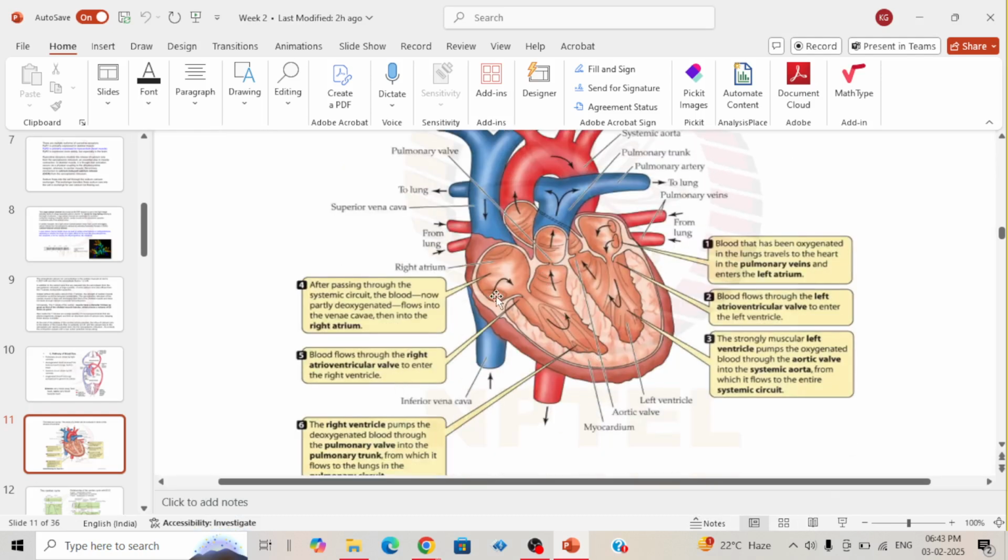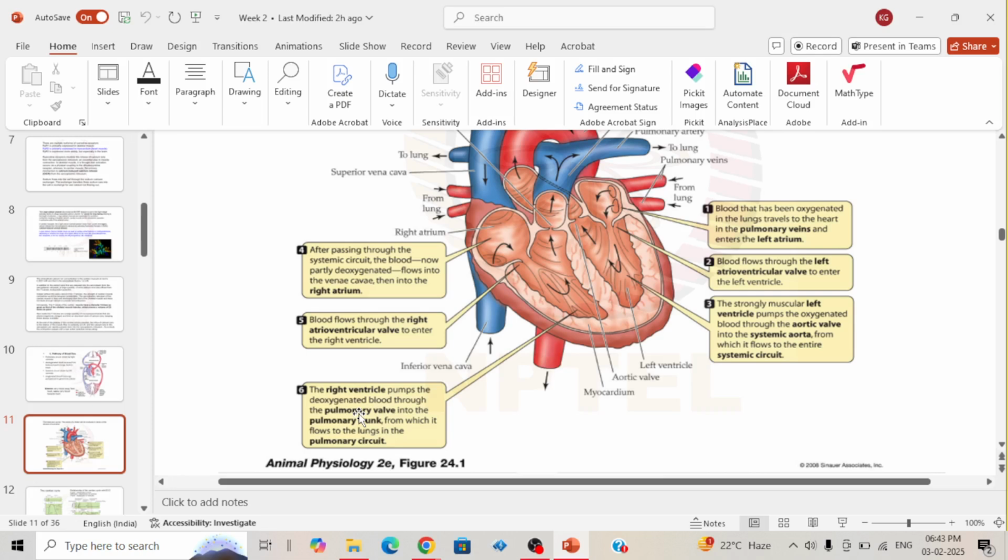The valve, as I told you, is the tricuspid valve. It is also called the right atrioventricular valve. Why atrioventricular? Because it is present at the junction of atrium and ventricle.